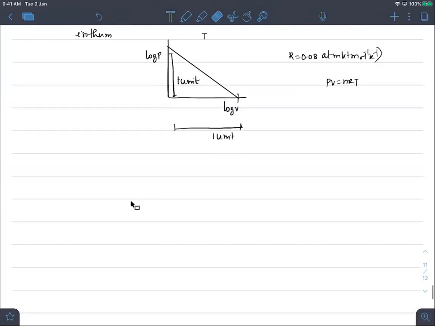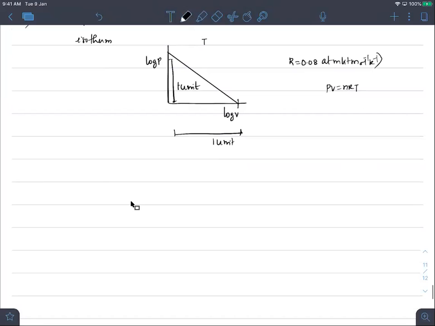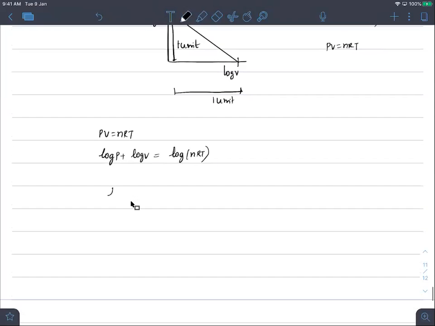Check this, guys. All we know is PV is equal to nRT. I told you, right? Just take log on both sides. So log P plus log V is equal to log of nRT. So I can write log of P is equal to minus log of V plus log of nRT.